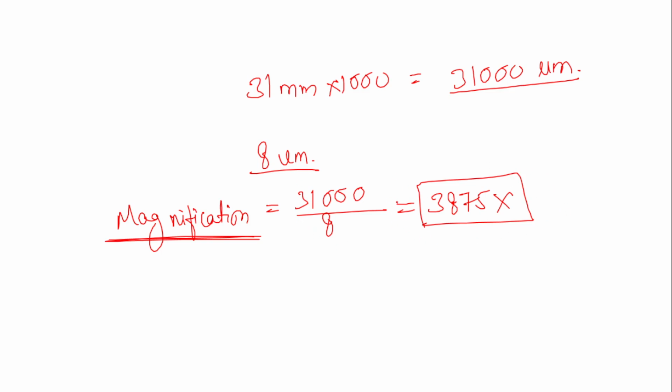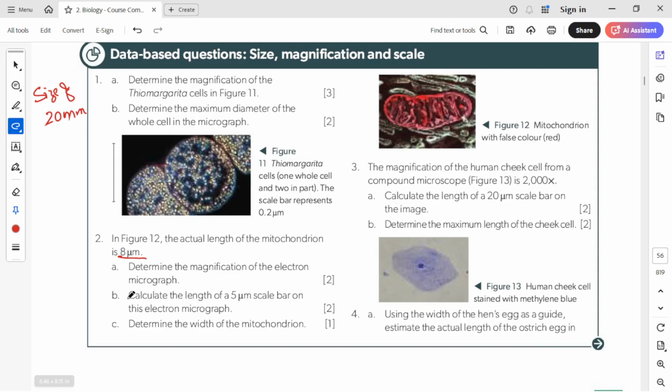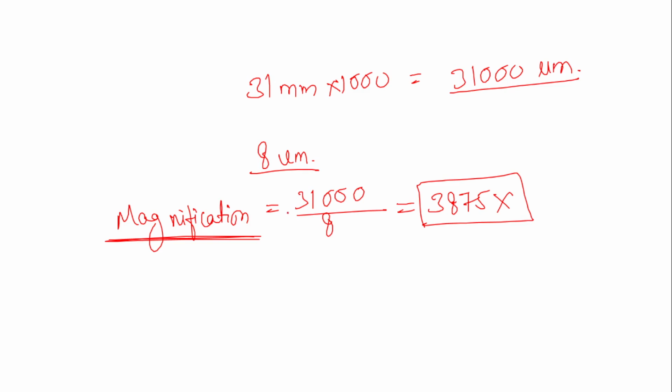Okay, now next is calculate the length of 5 micrometer scale bar on this electron micrograph. So if you want to calculate the length of 5 micrometer scale bar, so this is the actual size, okay, and if you want to find the size of the image, actually the micrograph, then in that case we'll multiply the actual size with the magnification.